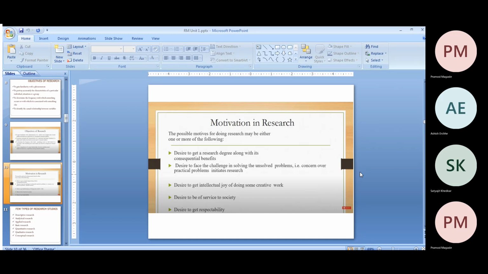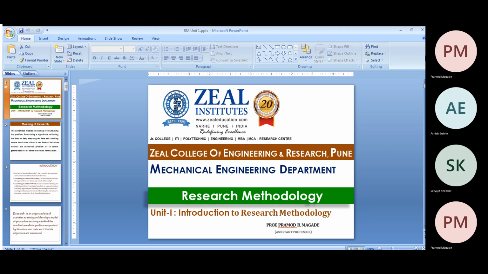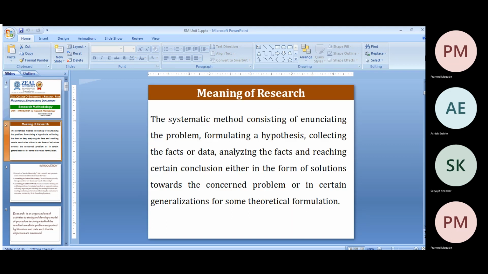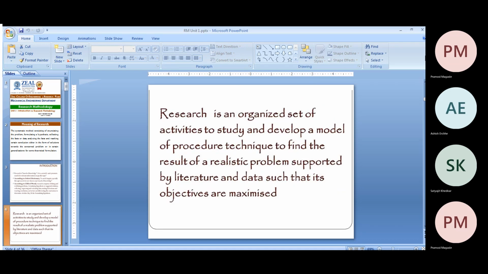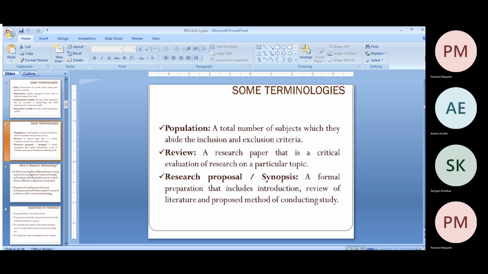So I'll wind up today's session. Now, in this session, I'll conclude. We have seen what is research, firstly, why research methodology is important. We have seen the syllabus also. Then a definition of research, we have seen the meaning of research in various terms. After studying the terms, what inputs are required for the research, that also we have seen.